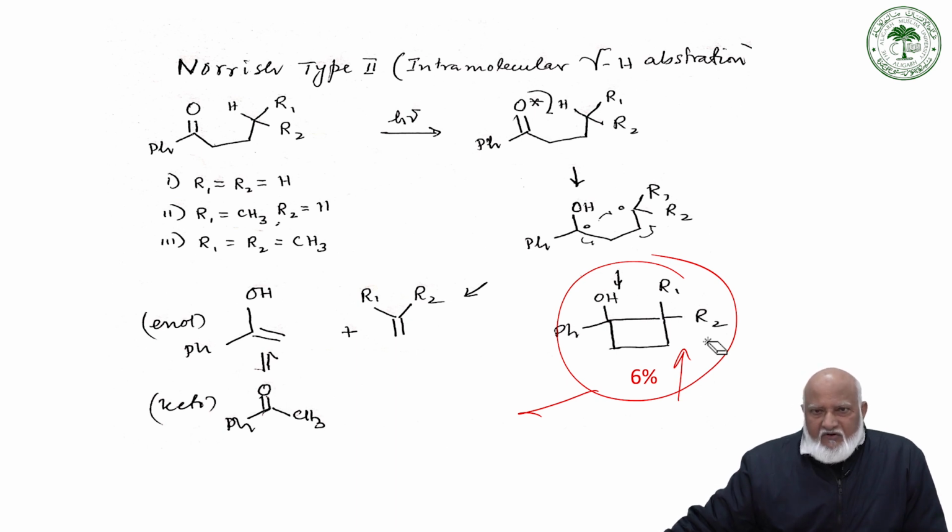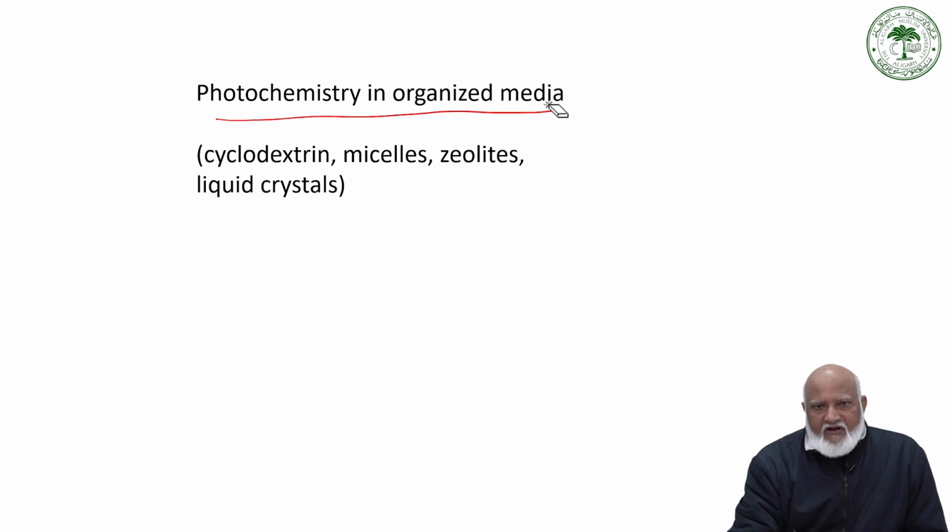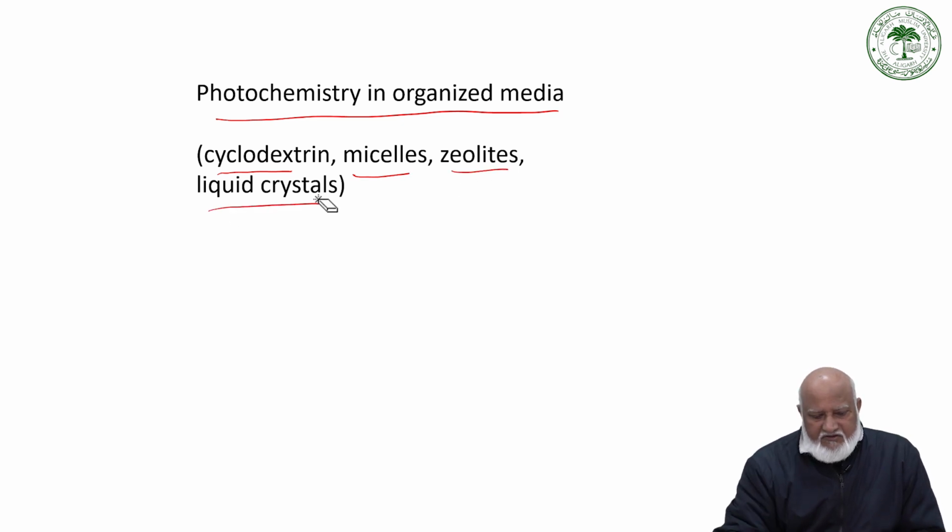So people have tried to bring about selectivity by carrying out the reaction in organized media such as cyclodextrin, micelles, zeolites, and liquid crystals. These media are considered organized media because the molecules are well set. For example, cyclodextrin is a cavity-like structure, an oligosaccharide of 6, 7 or 8 glucose units in a cyclic manner.